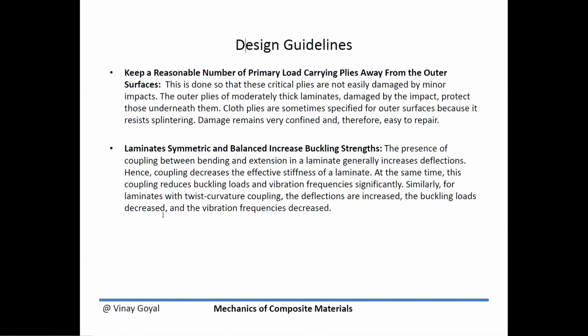The outer plies can then protect the inner plies, the ones that carry the most load, a little more carefully. So cloth plies, you're going to see very often used in the outer surfaces because they will resist matrix cracking events, and so you will have less splintering. The damage usually remains confined when you use cloth plies, so that's kind of nice, and it's easy to repair.